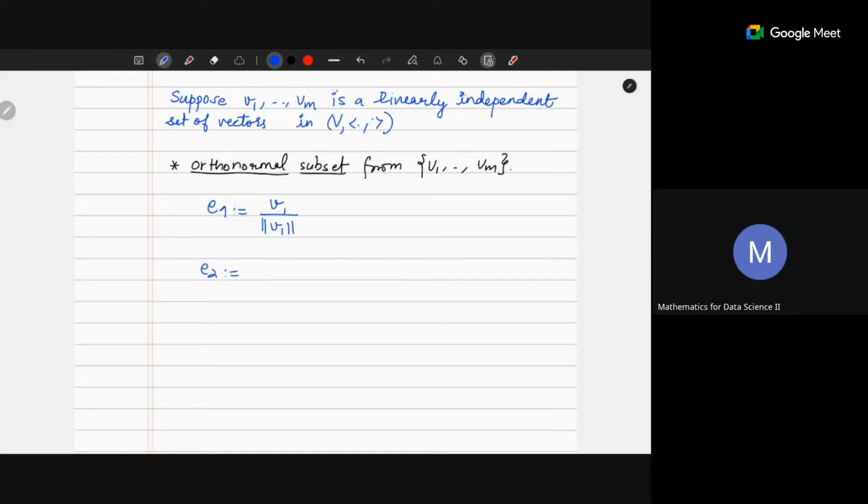So e2 is defined as v2 minus the projection of v2 in the direction of v1, and then you divide by the norm of this vector.